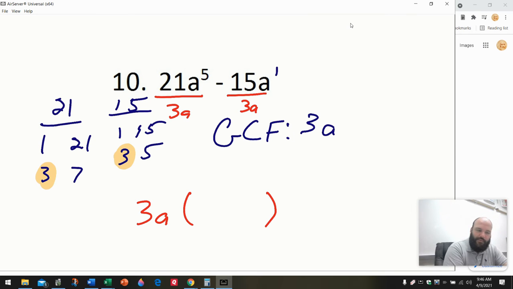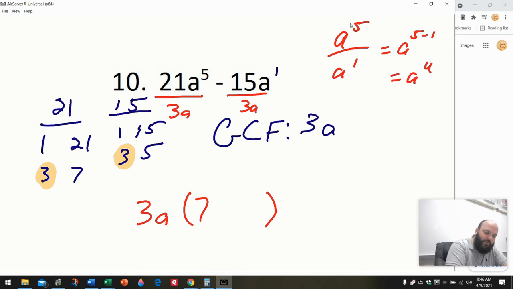21 divided by 3 is 7, and a to the fifth divided by a to the first. In case you forget this, I probably should remind you, we subtract. So it becomes a to the fourth. So this becomes 7a to the fourth power. Now there's a minus here, so we put a minus right there.